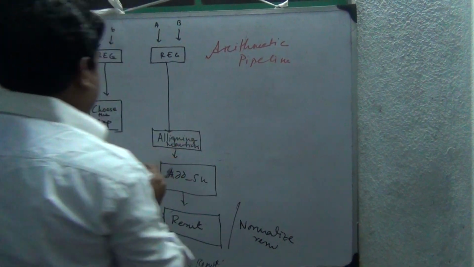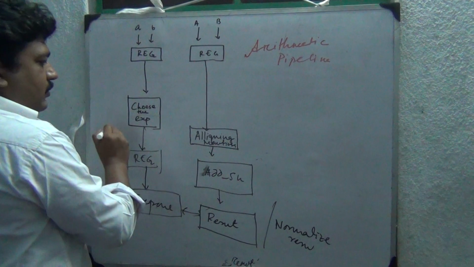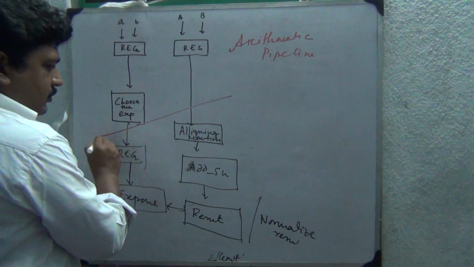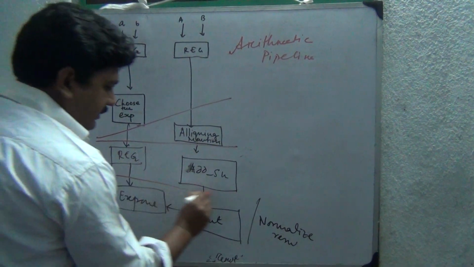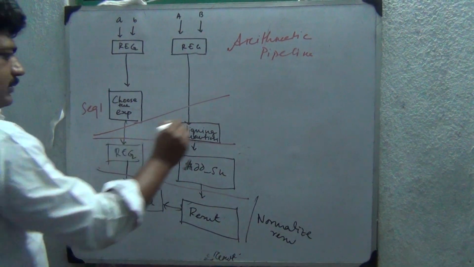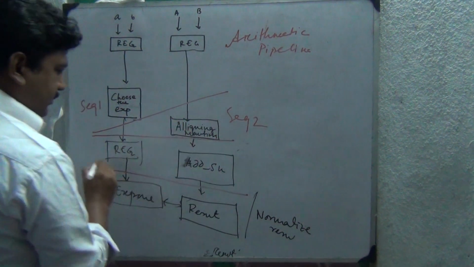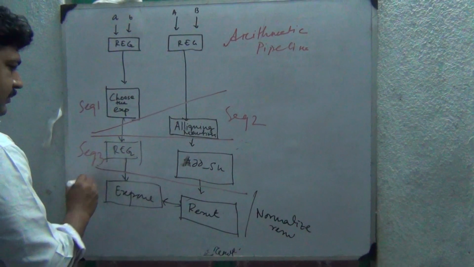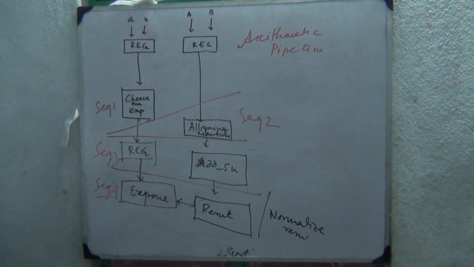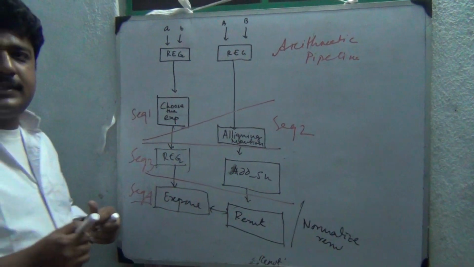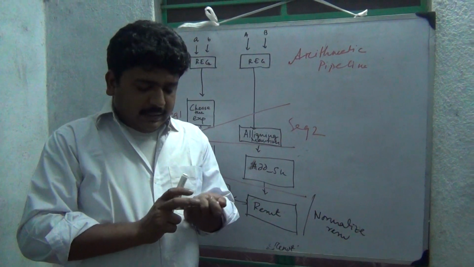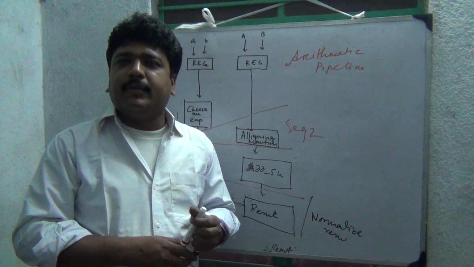So what are the segments? Segment 1, segment 2, segment 3 and segment 4. So up to this, the arithmetic pipeline is completed.